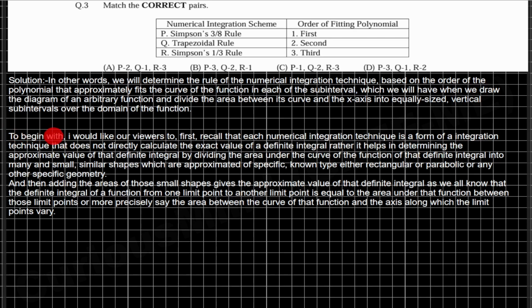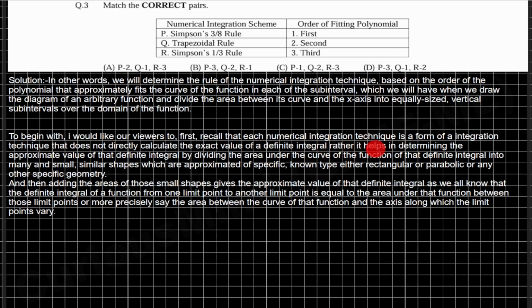To begin with, I would like our viewers to first recall that each numerical integration technique is a form of integration technique that does not directly calculate the exact value of a definite integral.